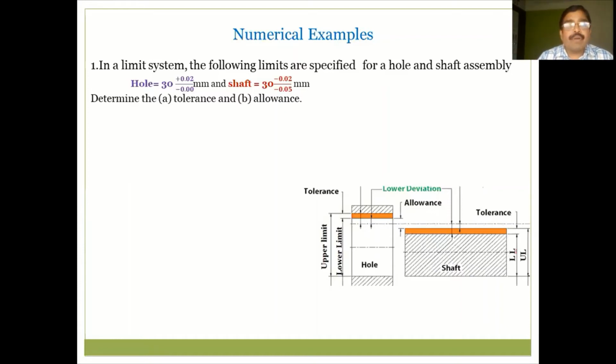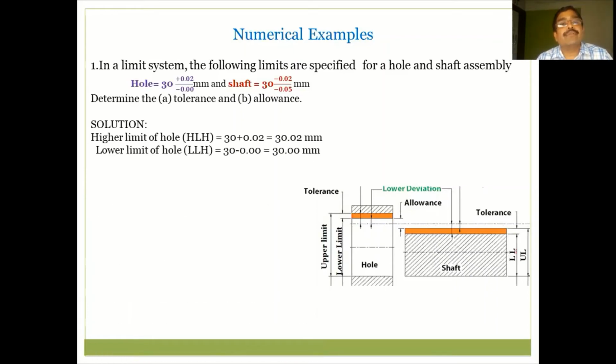Now, when we are solving this problem, first of all, you should calculate all the values. That means the higher limit of the hole, which is 30 plus 0.02, that will give you the higher limit of the hole. Lower limit means 30 whose value is minus 0.00, right? Minus 0, so naturally the value will be 30.